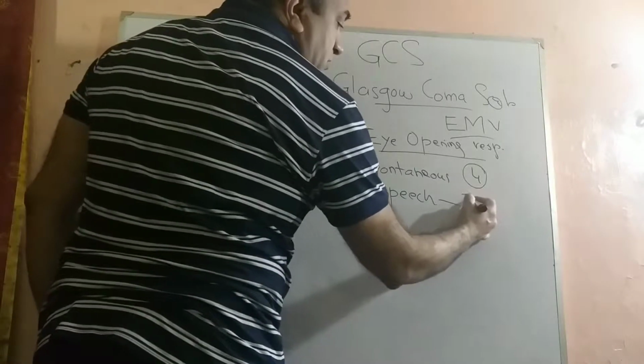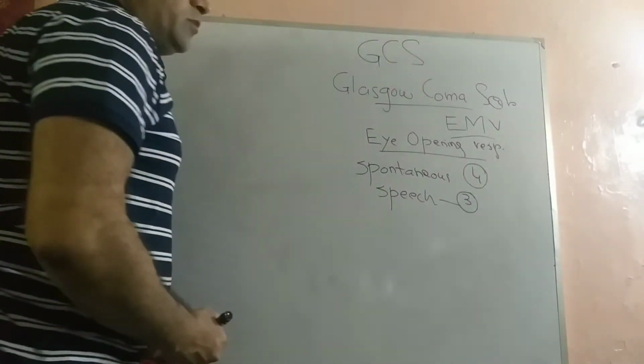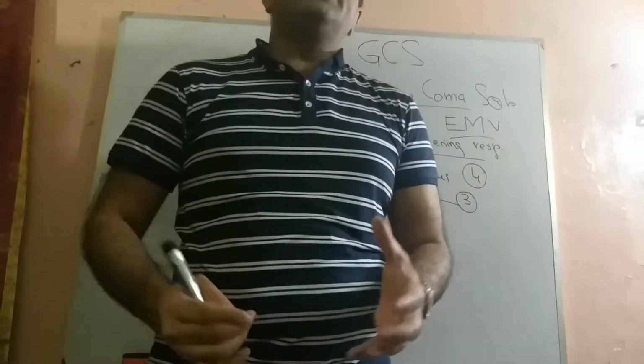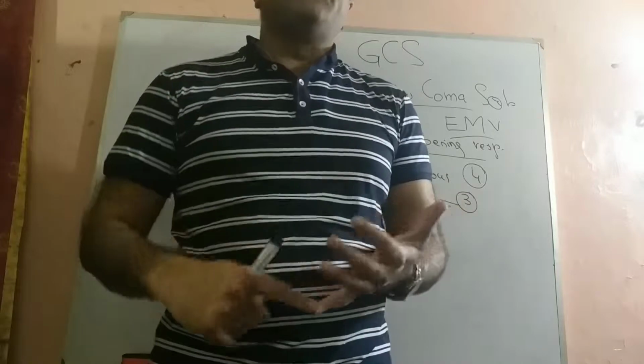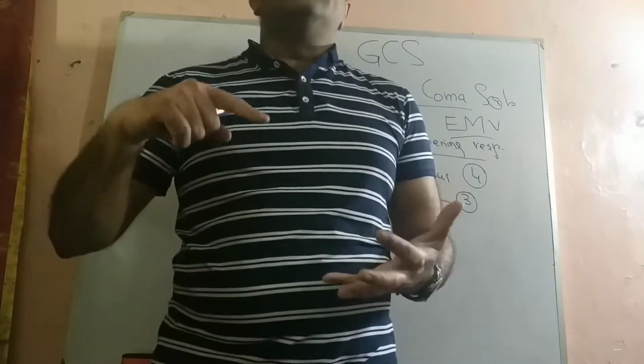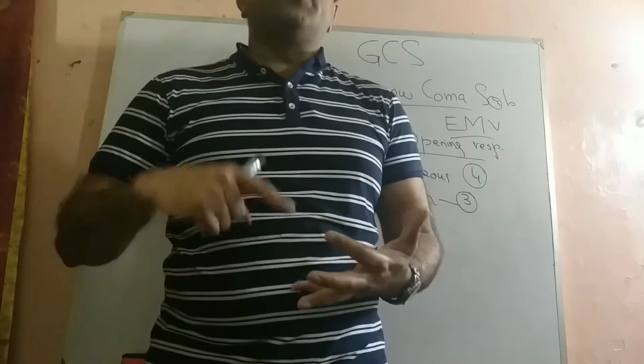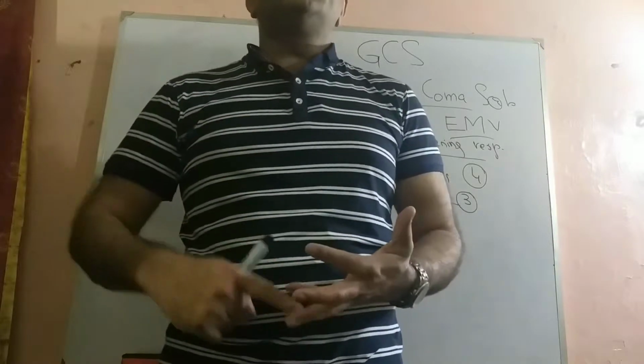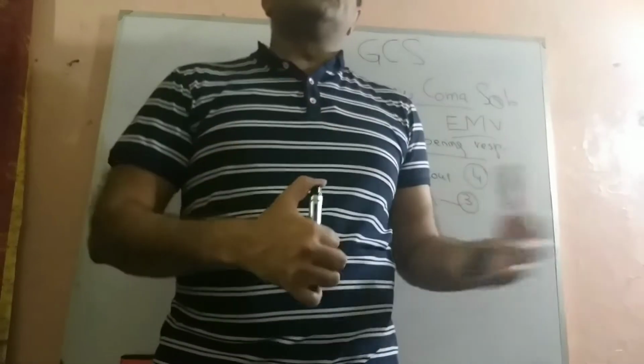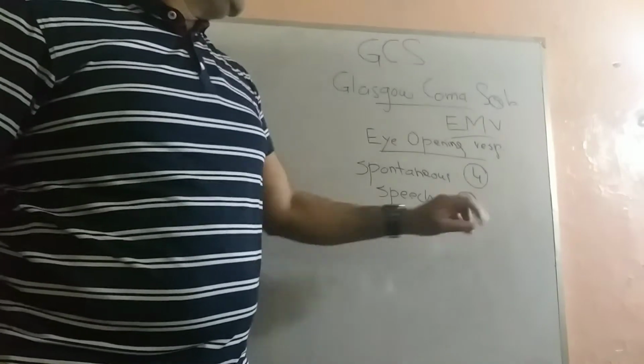That is given 3 marks. When someone is spontaneously opening the eye, you give 4 marks. And if someone is not spontaneously opening the eye but responds to your verbal commands, then you give 3 marks.